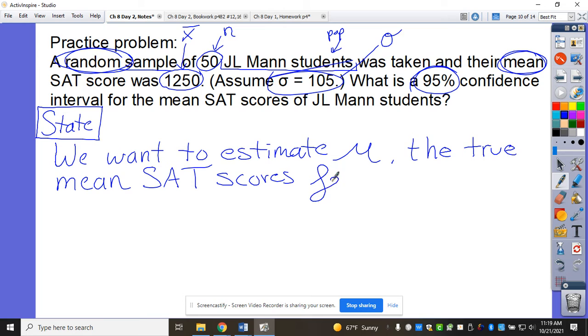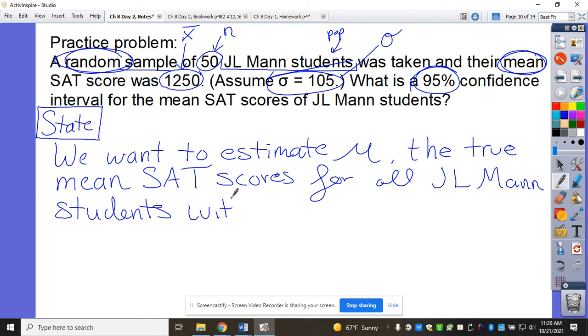And then I'm defining my population within this. And then I just need to say how specific I'm going to be, which is I need to finish with 95% confidence.